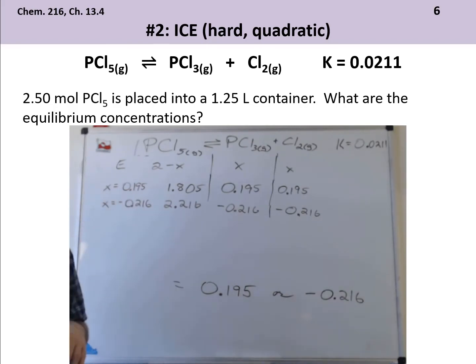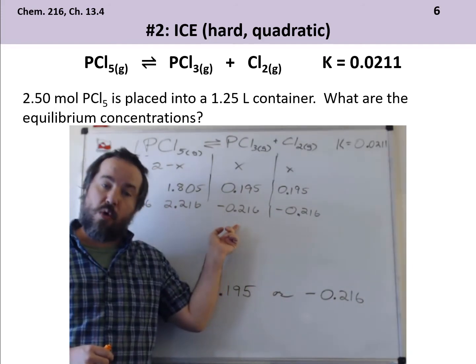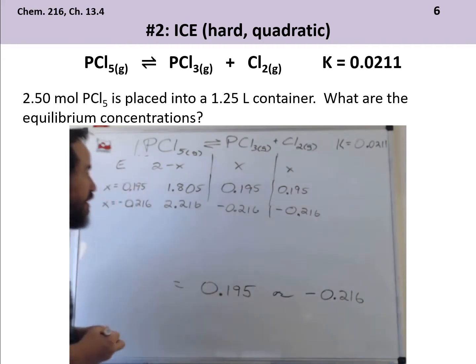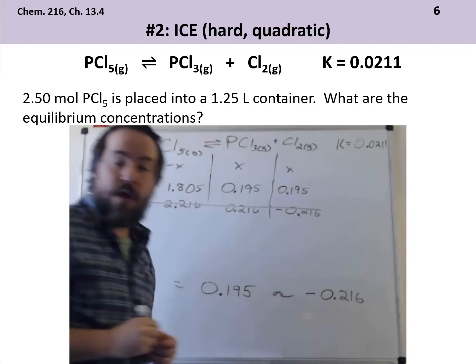So these are the two possibilities for my x and for the concentrations. How do I know which one's right? I look at these and say, can I have a negative concentration? No. If I can't have a negative concentration, then this isn't right.